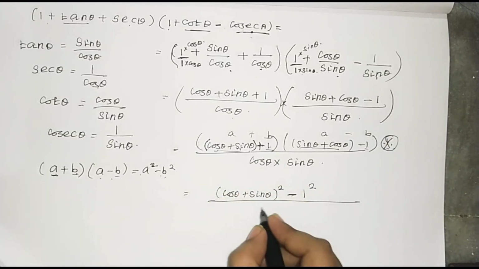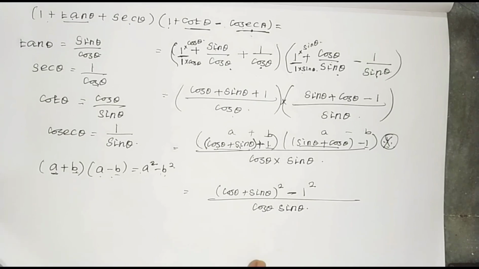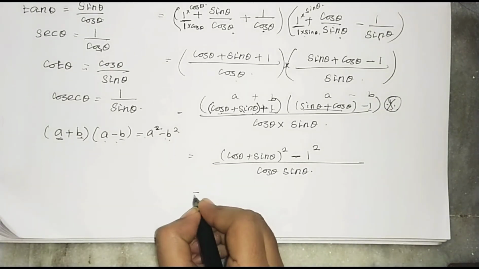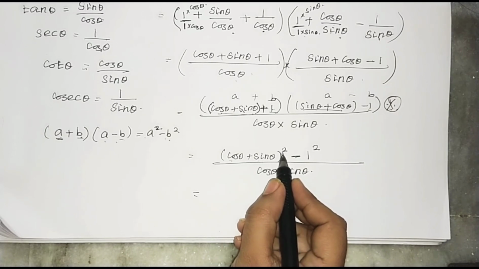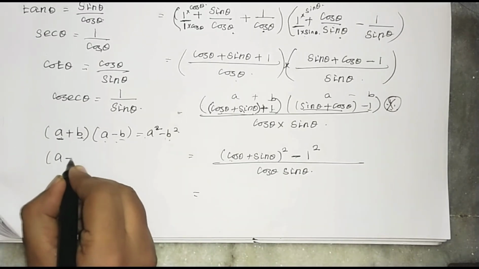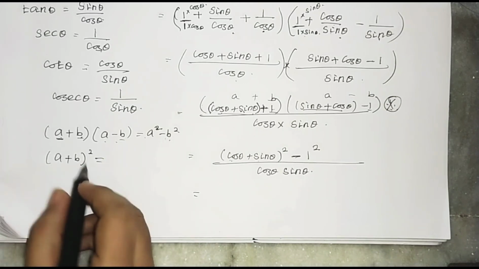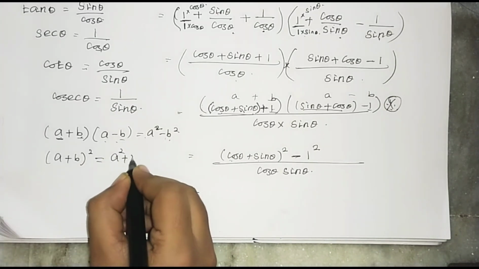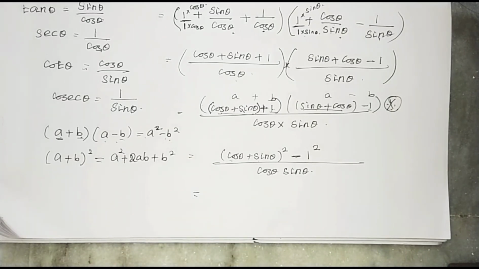The denominator is cos theta into sin theta. So here the numerator is cos theta plus sin theta whole square. So we can use the a plus b whole square formula. What is the formula for a plus b whole square? A square plus 2ab plus b square.